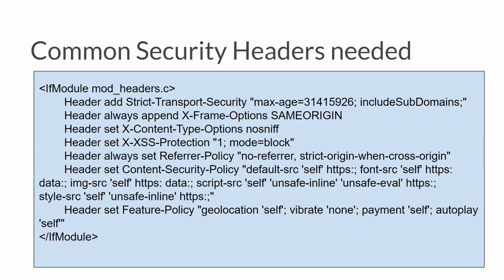And these headers are, for example, the first one, strict transport security. I basically allow it on the root domain and also the subdomains. X-Frame-Options, I set to same origin, so no one can embed your site on their site or somewhere else.